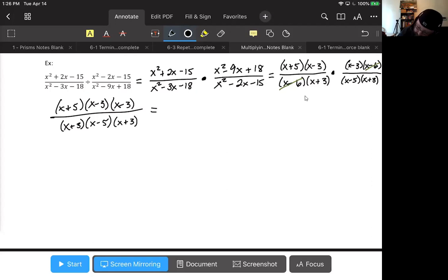Now you could write that as x plus 5 times the quantity x minus 3 squared, because that's the same binomial factor twice, so it can be written with exponents, over x plus 3 quantity squared times x minus 5.